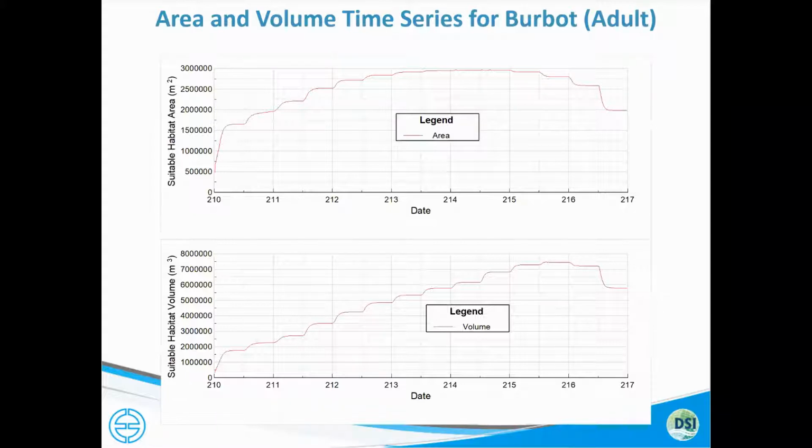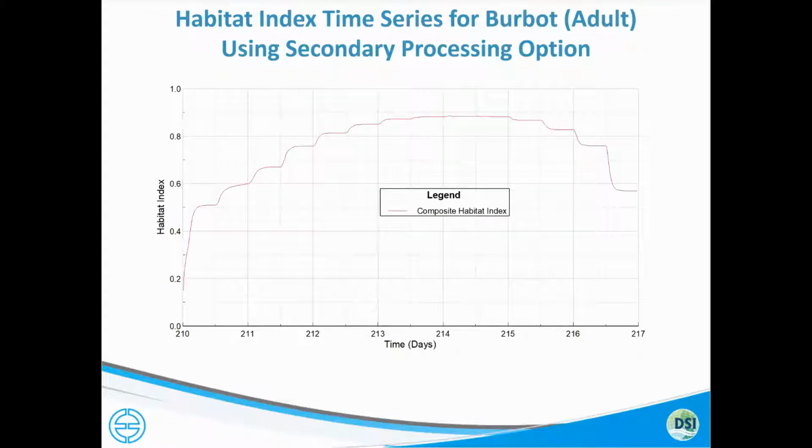And this is the analysis from a critical limits analysis. We're using similar criteria to those in the habitat suitability index, but here it's just the binary, meets the criteria or doesn't. So this again is the composite index.